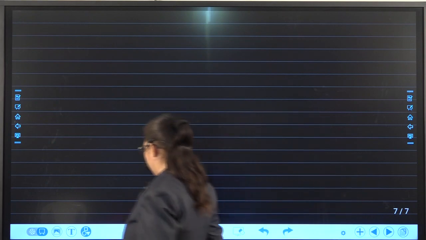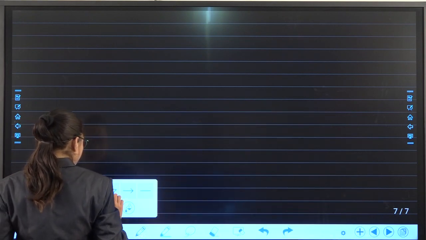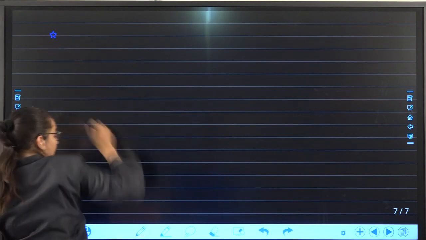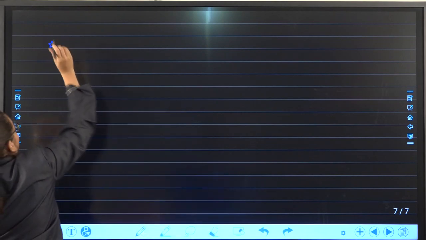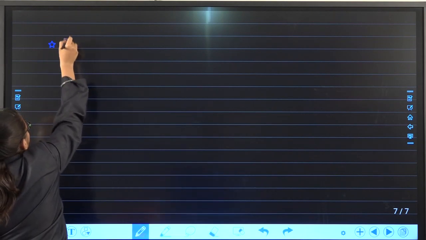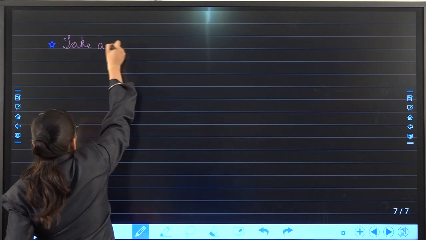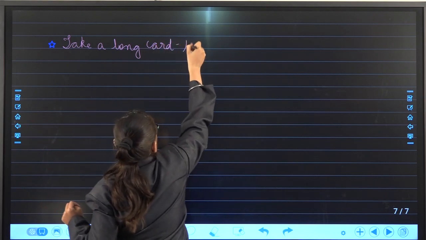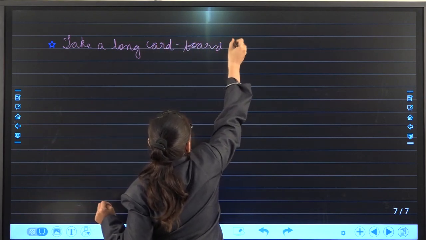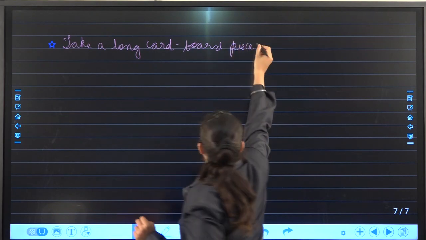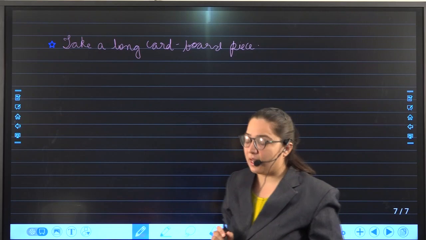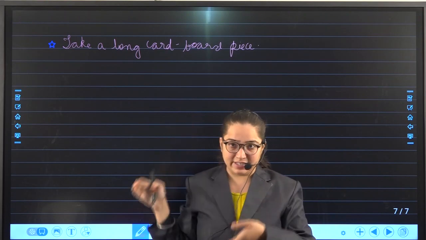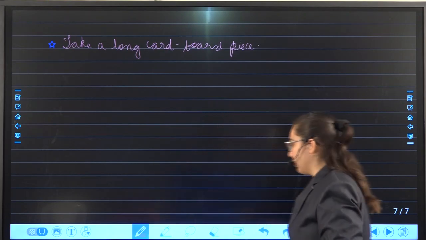We will write simultaneously. Take a long cardboard piece. Then what you have to do? Cut at 45 degree the slits and fix the mirrors in it.